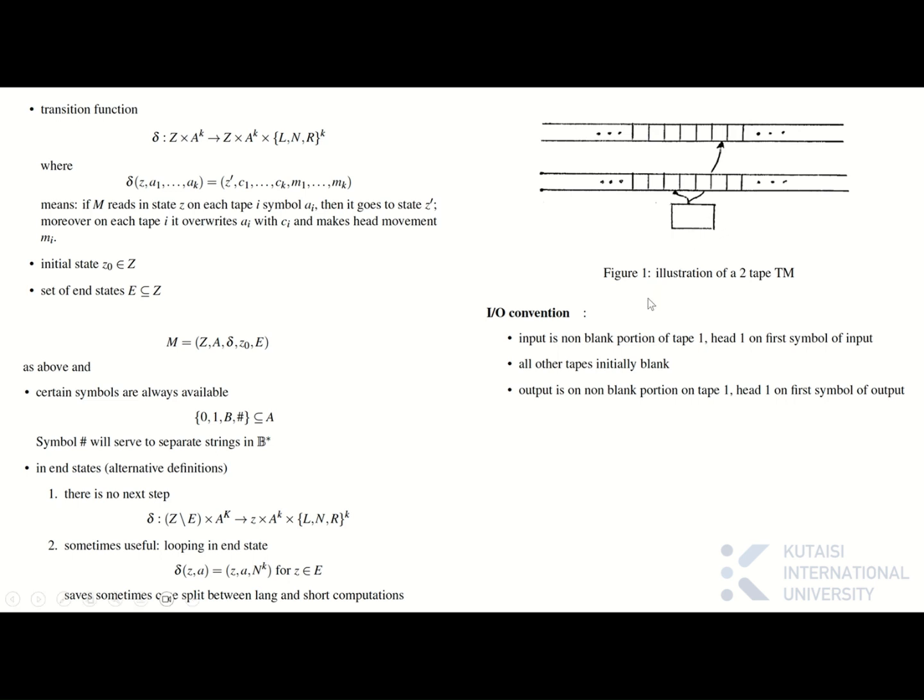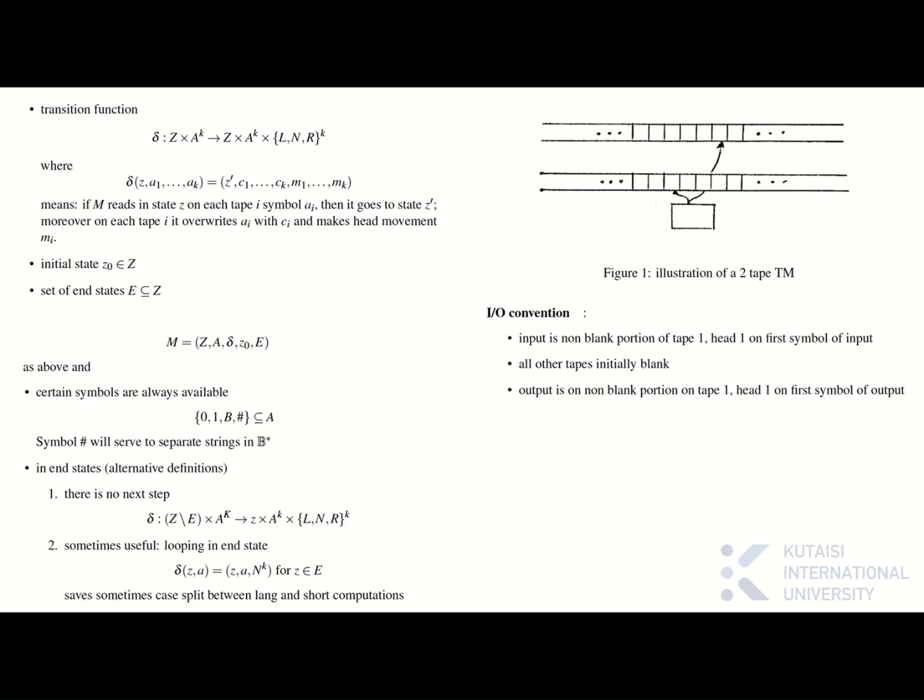Okay, so actually the best way is to do an example on this, but let's take some conventions beforehand. I have k many tapes, right? So I will always assume that if I have k tapes, the initial input is written on tape 1, as the non-blank portion of tape 1, and that head 1, meaning the first arrow at tape 1, is at the first symbol of the input.